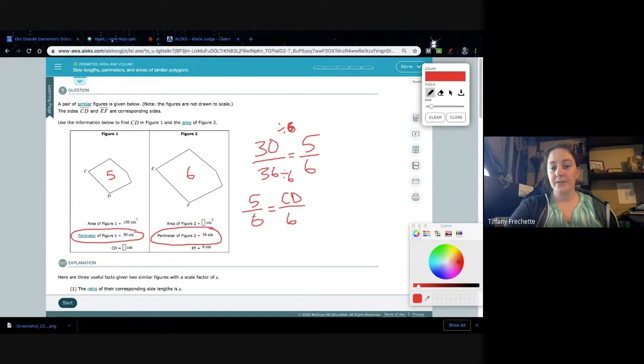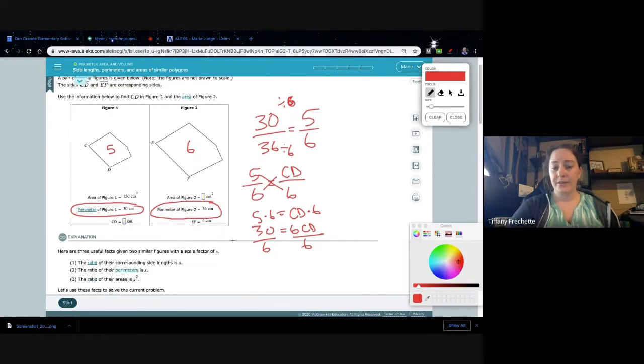So then I'd cross multiply, and I'd get 5 times 6 equals CD times 6. So 30 equals 6 CD. We divide by 6 on both sides, and I would end up with 5 equals CD.